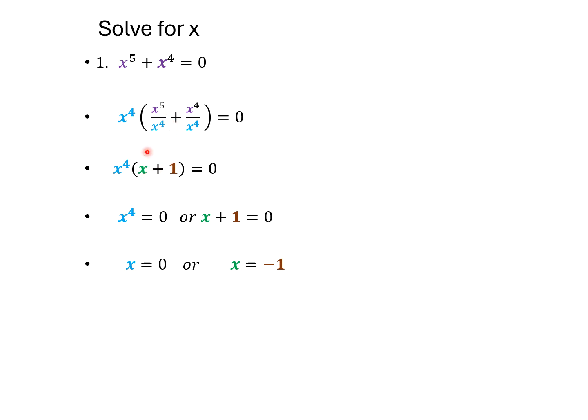Therefore, I'm left with x to the power 1. Plus sign still stays positive. X to the power 4 divided by x to the power 4: anything divided by itself will always equal 1. So I now have x to the power 4, the common factor, and in brackets I'm left with x plus 1 equals 0.